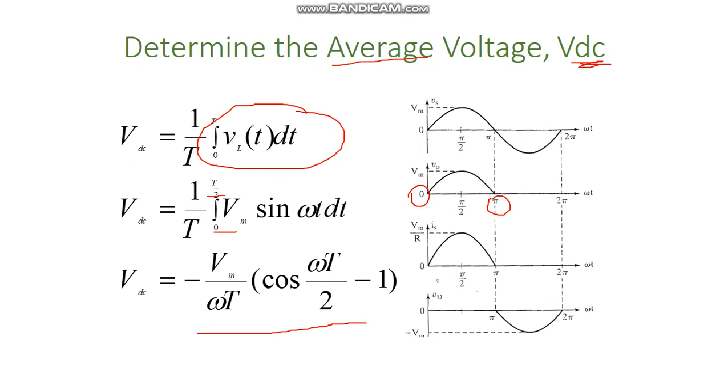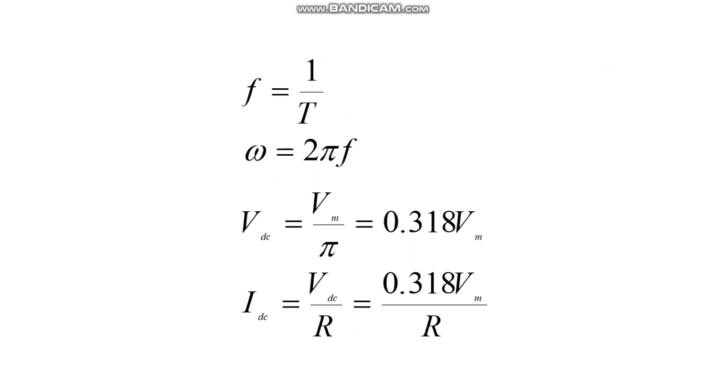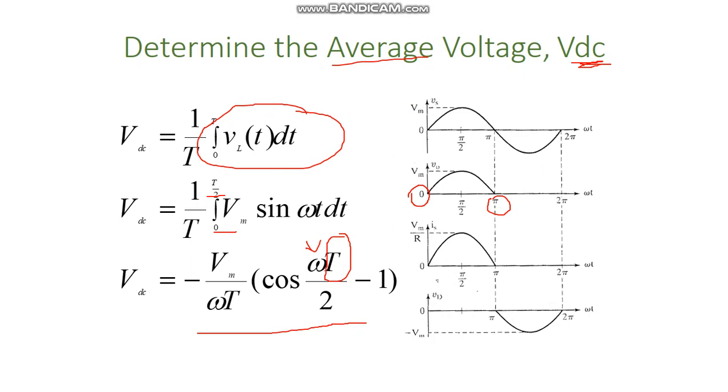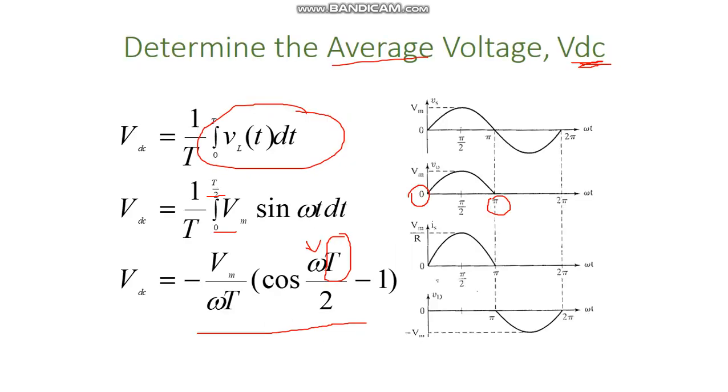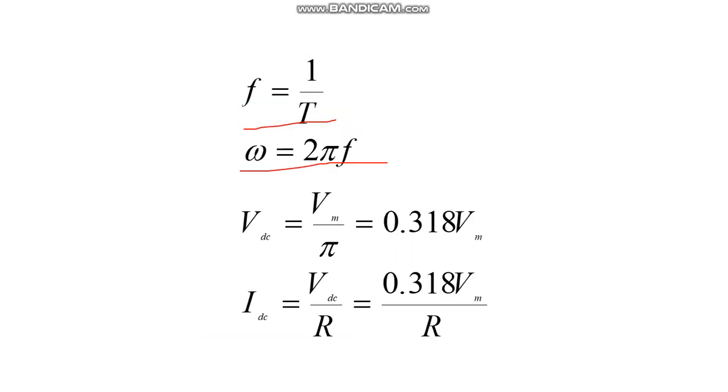Now if we put in the values of omega in terms of the time period T, frequency is equal to 1 over T and omega is equal to 2 pi f. So instead of omega we put these values over there. The value that we obtain is Vm over pi.